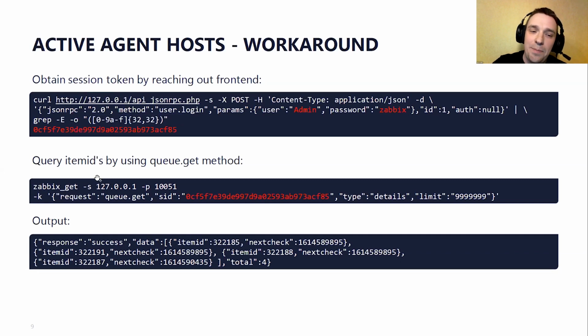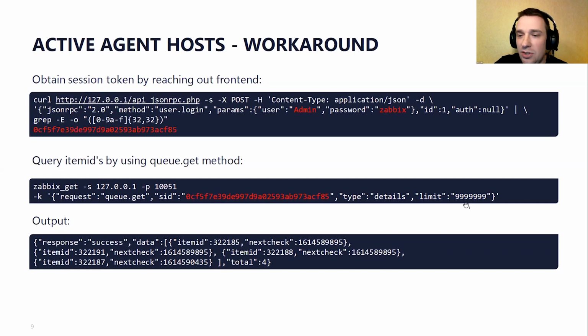But in the next step, we will ping the main monitoring tool, the backend: the process which is responsible for the monitoring, the server where the Zabbix server service is installed. And we will ask for a detailed list of queue elements.